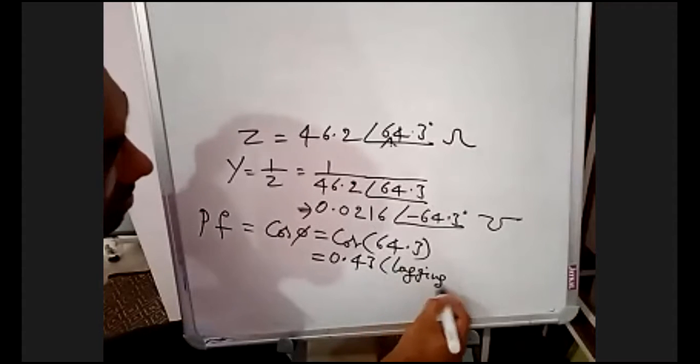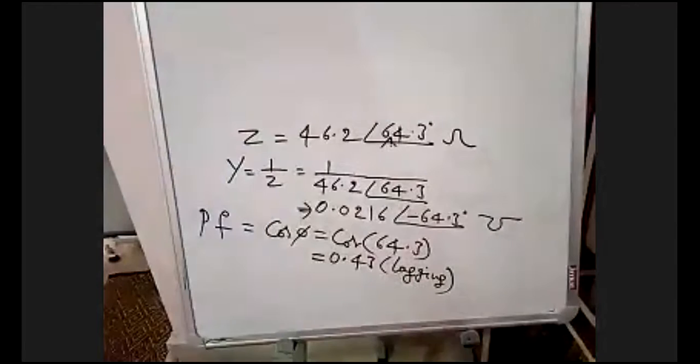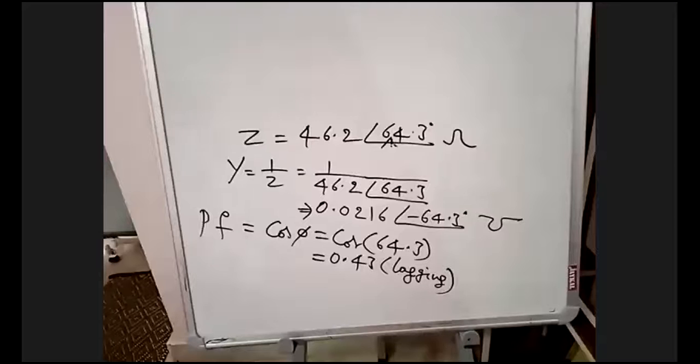Why is it lagging? Why not leading? Since it is an inductance. Because your XL is greater than XC. Since XL is greater than XC, your power factor is lagging.